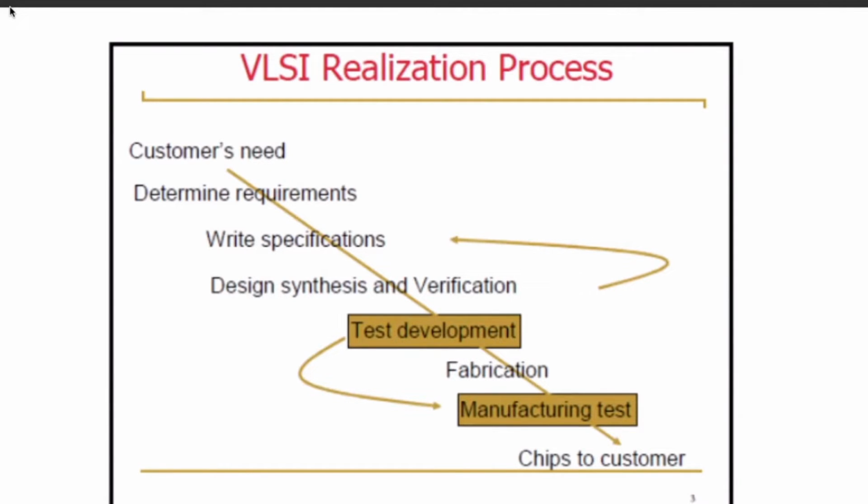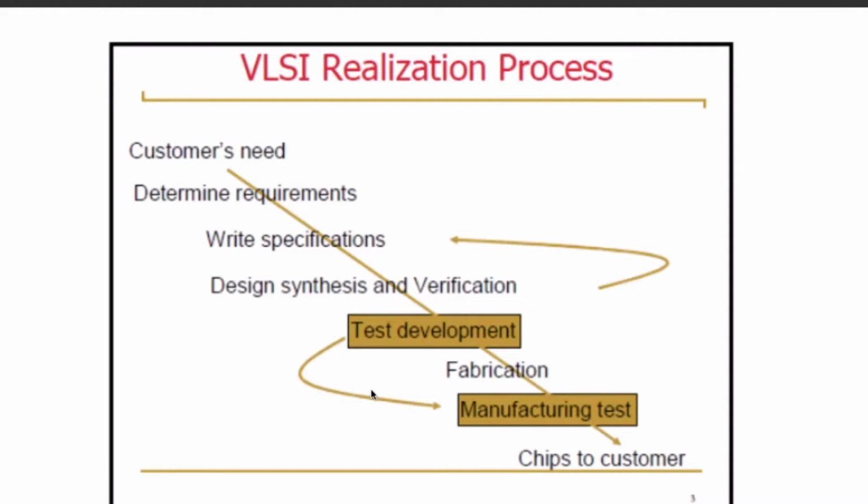In between, we first define the design requirements, and we write the specifications in register transfer logic, RTL format, using a hardware description language. I hope the students are aware of hardware description language. It is a system used for defining real hardware in the form of FSMs.